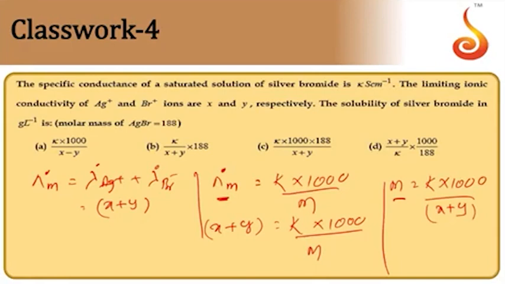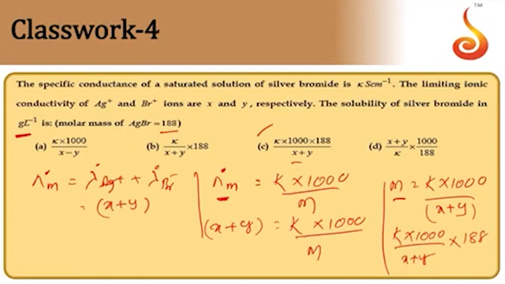But the question asked is grams per liter, how much? So moles per liter must be multiplied by molar mass, which is given to us. Therefore, kappa into 1000 by X plus Y multiplied with its molar mass 188, we get the solubility in grams per liter. So the answer is option C, because X plus Y is there in the option.